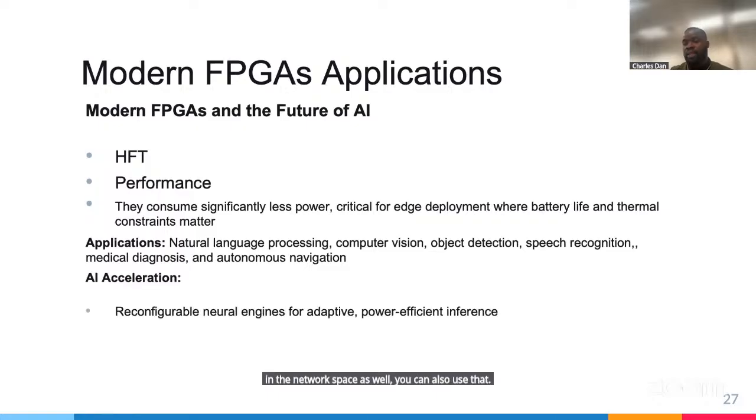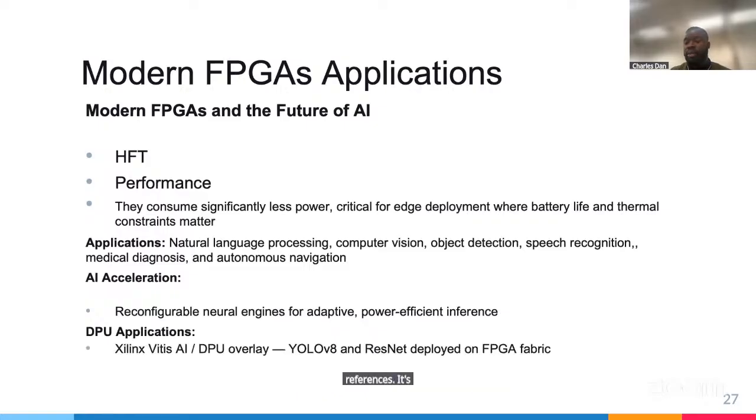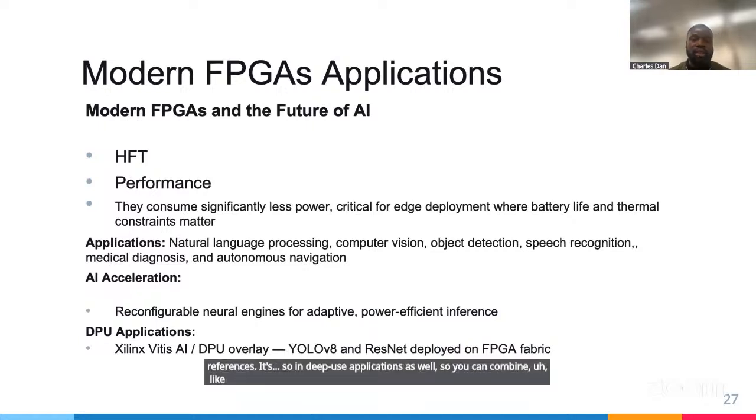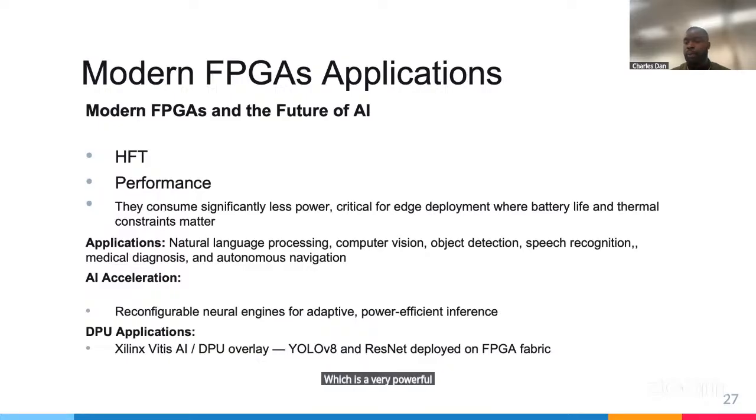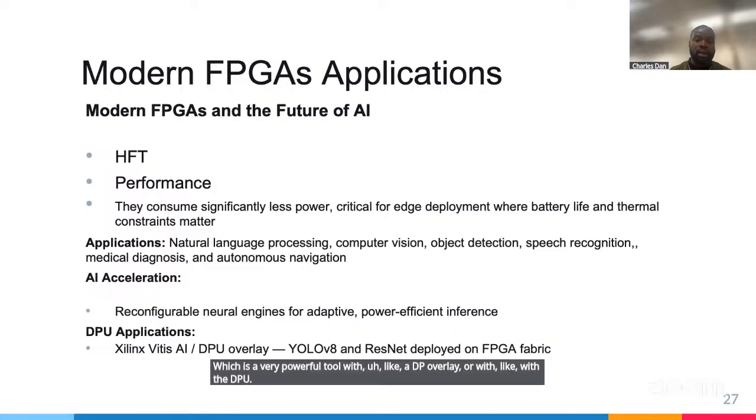In AI acceleration, you can reconfigure your neural engines for adaptive power efficiency. It's so useful in deep learning applications as well. You can combine Vitis AI, which is a very powerful tool, with a DPU overlay or a DPU IP.